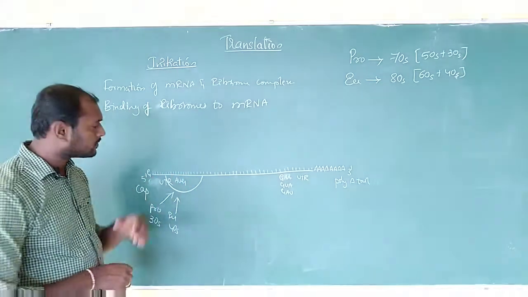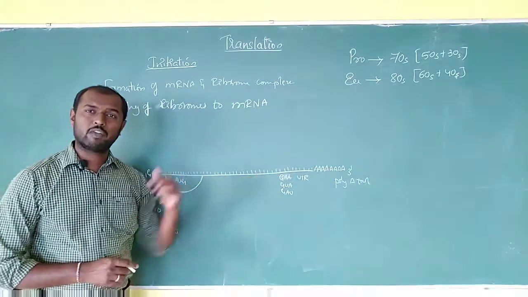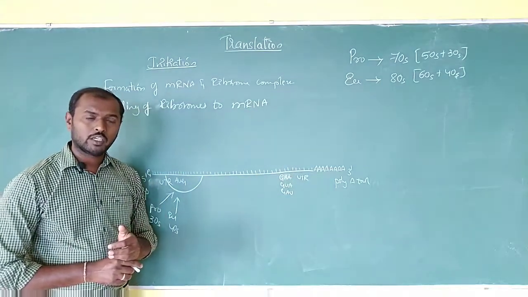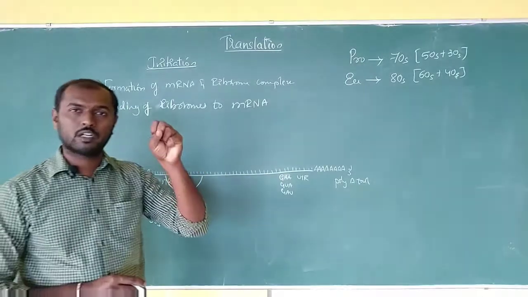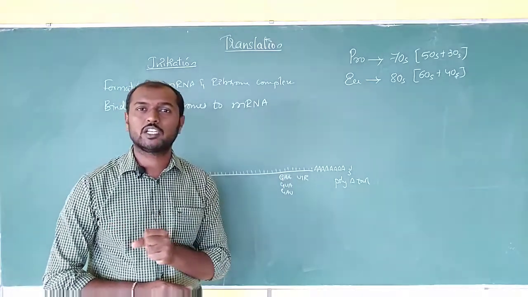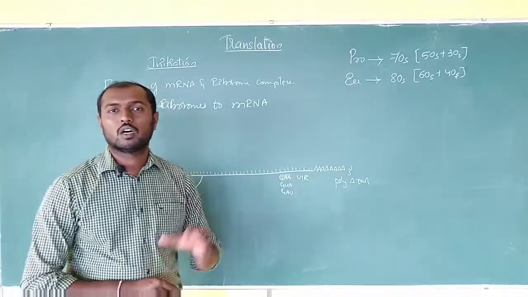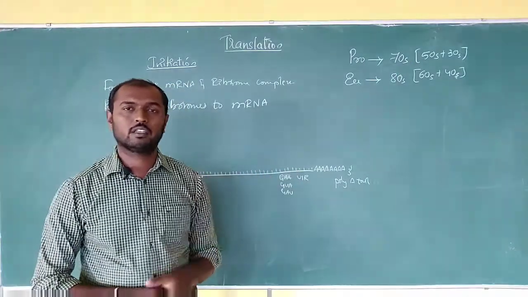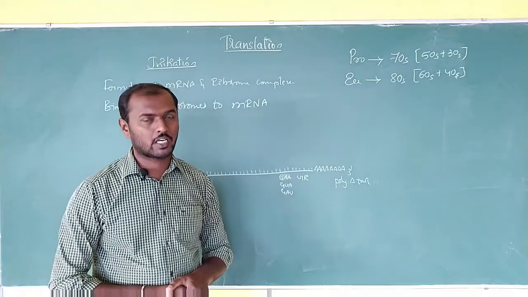And second thing, other initiation factors are going to be involved in bringing or directing the tRNA, which is charged and is the initiating tRNA. They are going to guide the initiator tRNA.